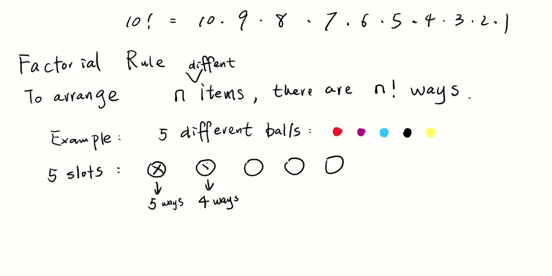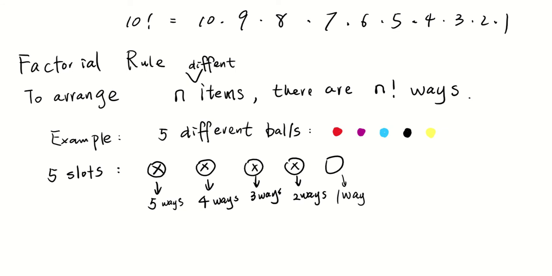So similarly, after you place the second ball, for the third ball you only have 3 choices. Right? So after you put the third ball, for the fourth ball you only have 2 choices because there are only 2 balls left. And after you place 4 balls, for the fifth ball there's only 1 ball left, so only one way.